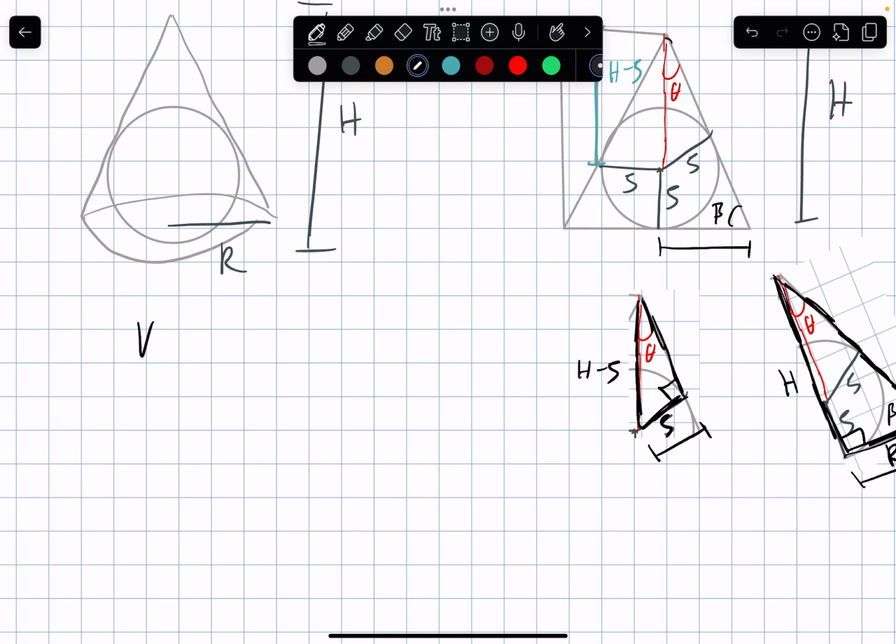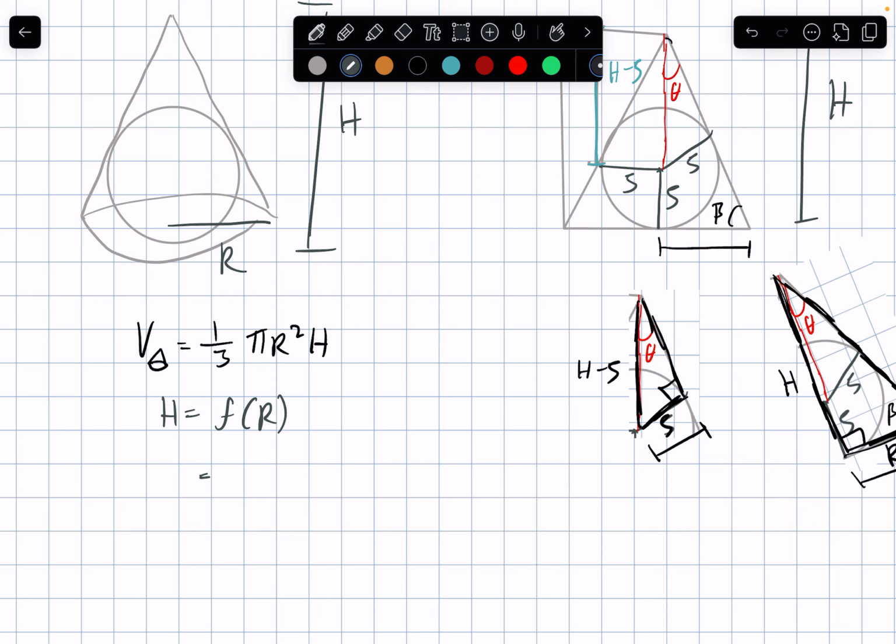The formula of a cone's volume is equal to 1/3 pi r squared h, right? Before deriving, I want to express h in terms of radius.